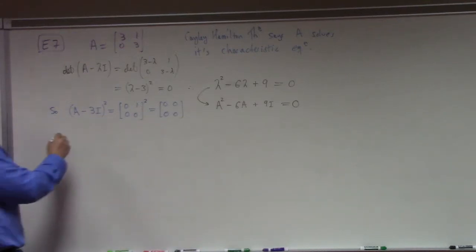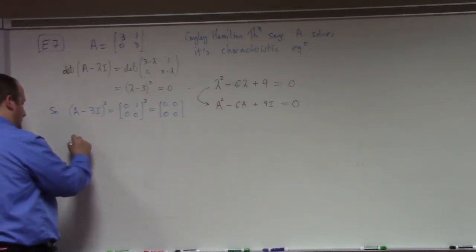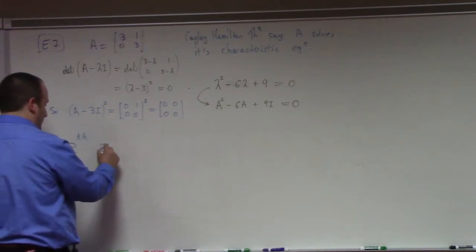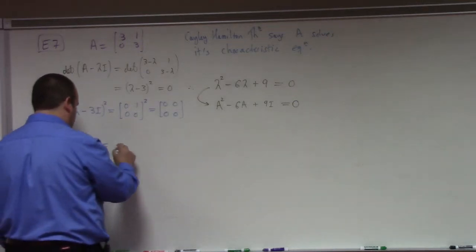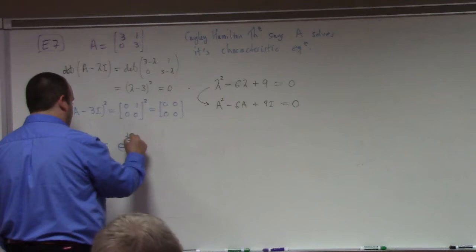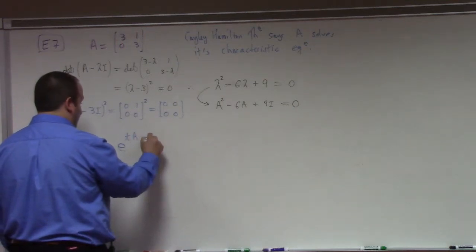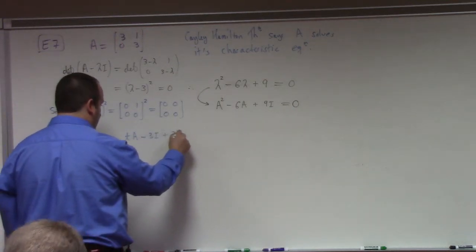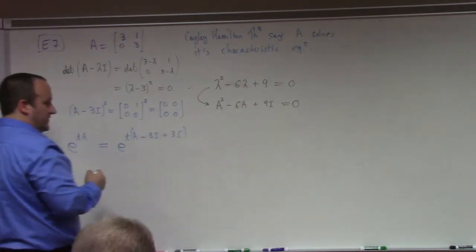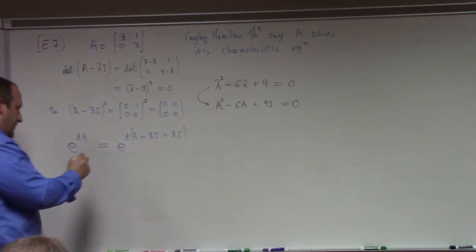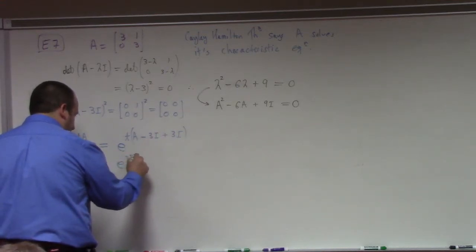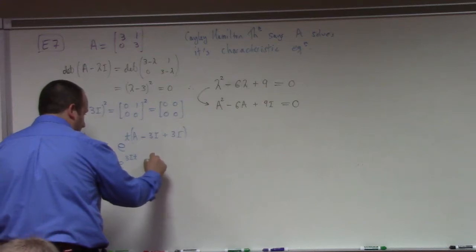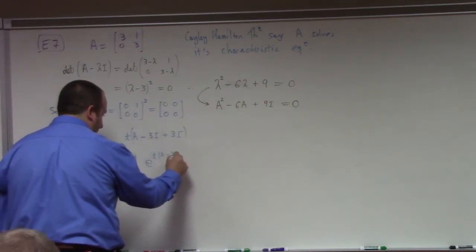So if I look at e to the tA, that's a pain. But if I add 0 in a sneaky way, so I do tA minus 3I plus 3I, then that gives me e to the 3It times e to the t times (A minus 3I).